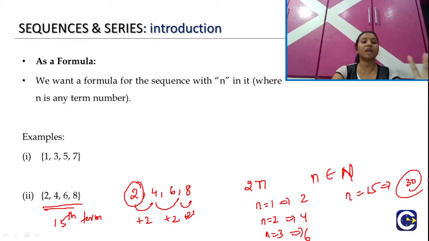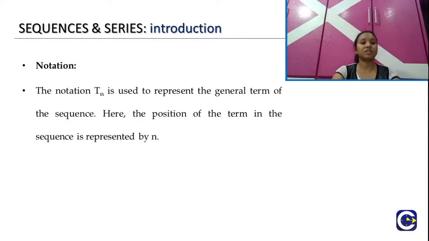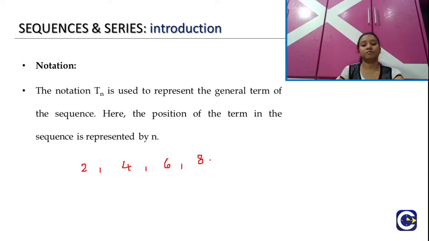So now let's see the standard notation of a sequence. The notation Tn is used to represent the general term of the sequence. That means if I'm having a sequence 2, 4, 6, 8 and so on, the general term will be notated by Tn.